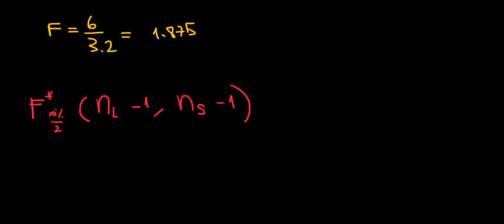The thing I'm trying to stress is that this is not the larger number of observations, it's the number of observations in the sample with the larger variance. So pay attention to that because that's a common mistake to make. The F critical value at 10% divided by 2 gives us 5%, that's what we're going to check in the table.